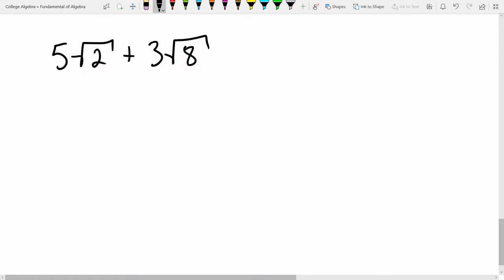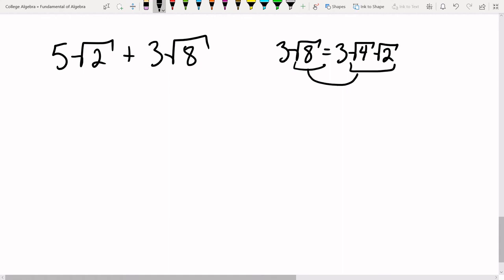However, the 3 root 8 can be simplified because the square root of 8, let me write it like this, 8 is the same thing as 4 times 2. So we can break that up. The square root of 4 is 2. And 3 times 2 is 6.